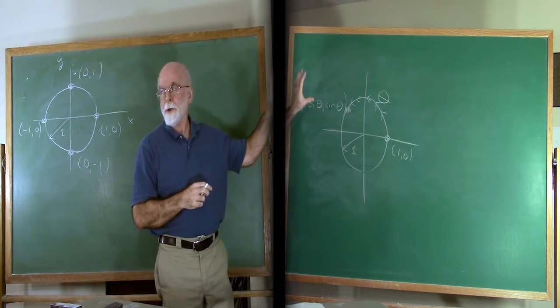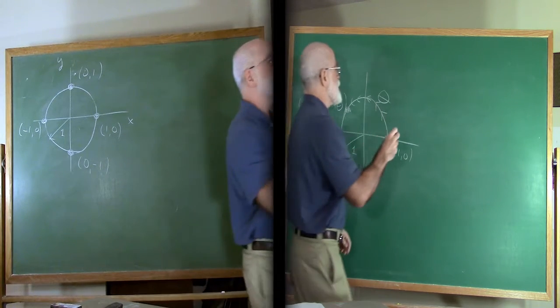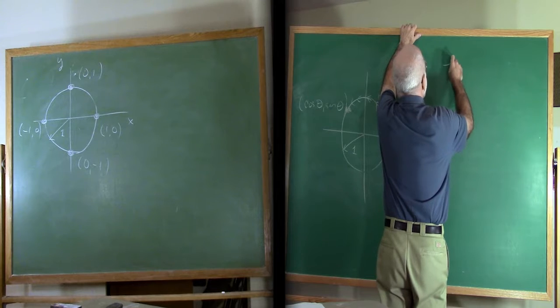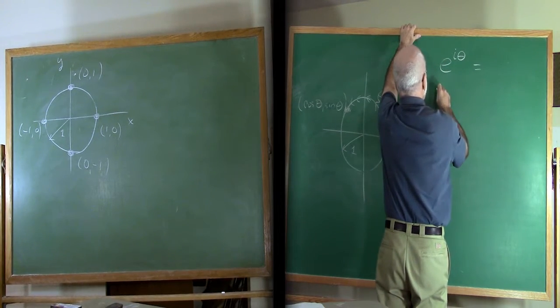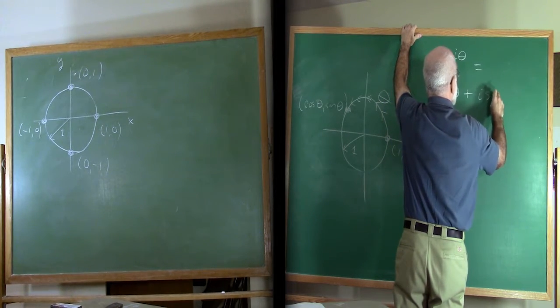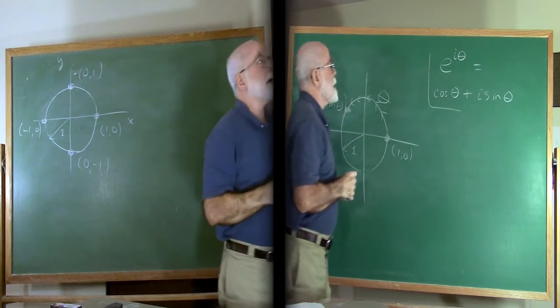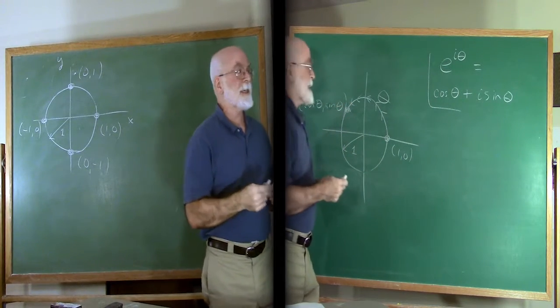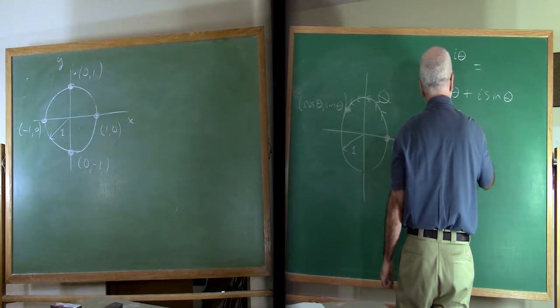And part of this picture is the following peculiar looking equation. That equation has a name, Euler's formula.